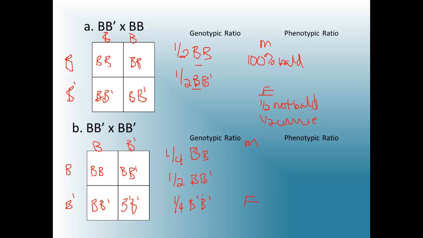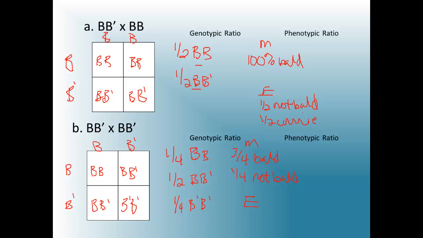So for my male, I have bald, not bald. I have a 3/4 chance of bald and a 1/4 probability that the child would not be bald. Now for my female, it's a little bit different, right?